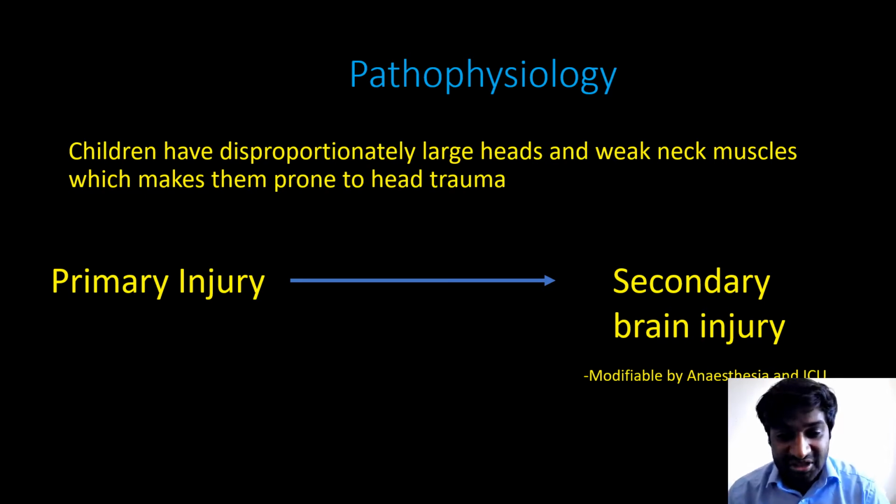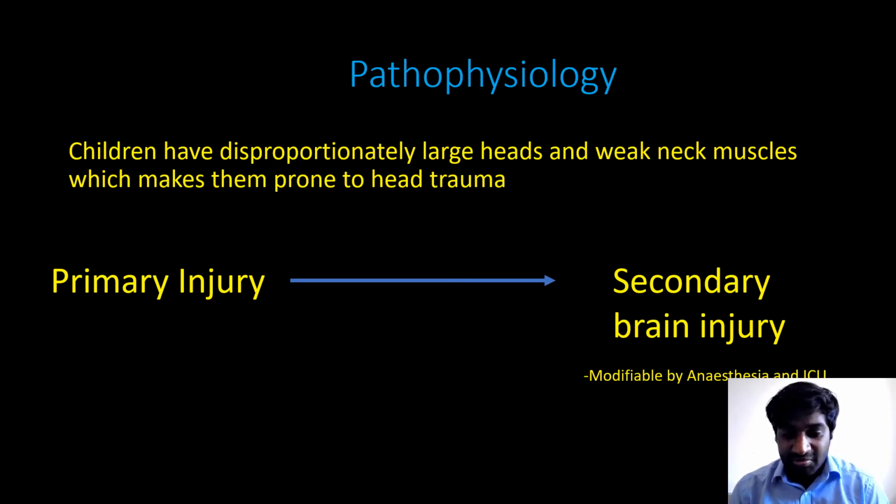When we look at the pathophysiology of head injuries, you have the primary injury, which can be direct trauma. However, what can also occur is secondary brain injury, and this is due to the development of edema, the disruption of cerebral perfusion pressure, a rise in intracranial pressure, or cerebral tissue hypoxia from increased cerebral metabolic oxygen consumption.